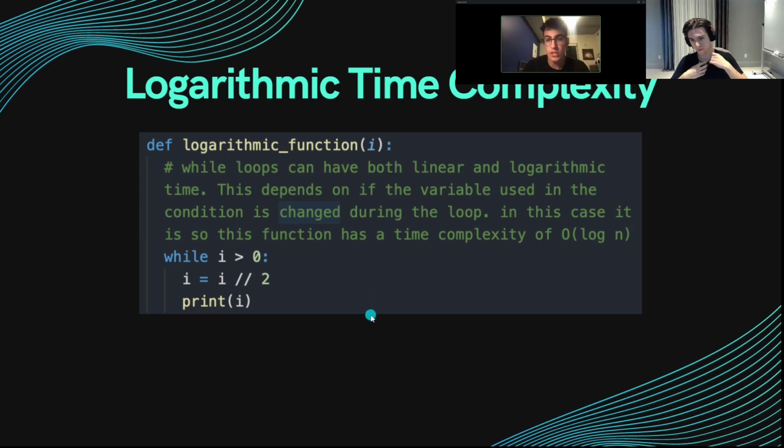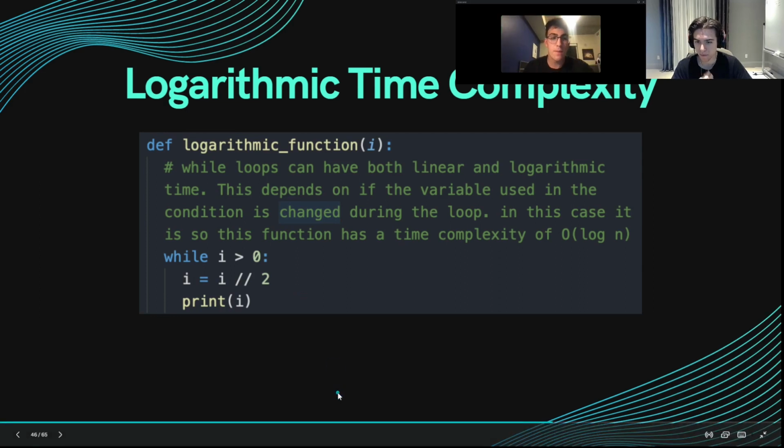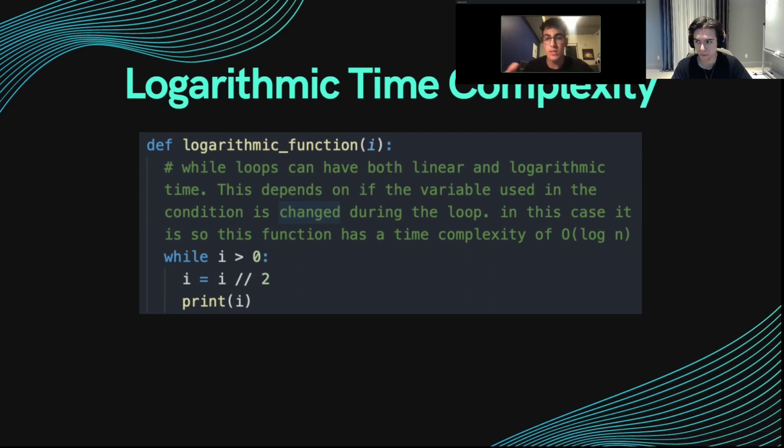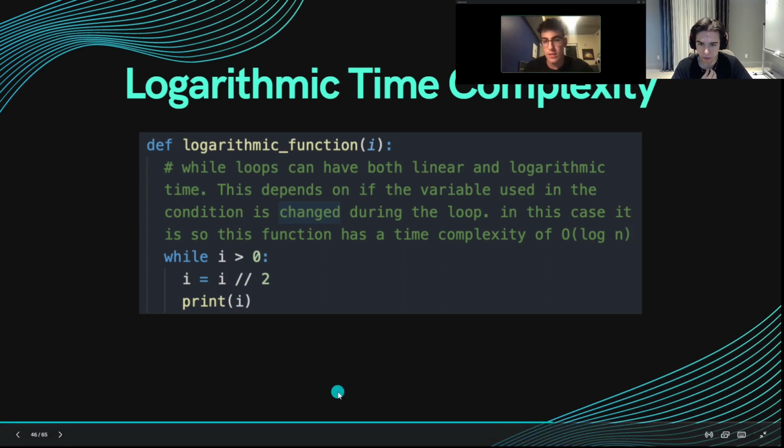So this one is more efficient than the linear time. But keep in mind, while you're analyzing functions, that while loops can also be linear time. If this while loop was I greater than 0, but the I isn't being changed inside of the while loop, like if it's only being decremented by 1, for instance, it'll still be linear because it's not being divided. It's not being cut.